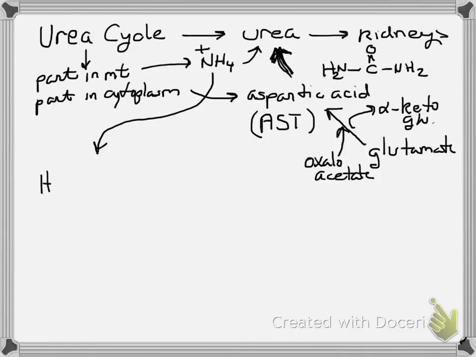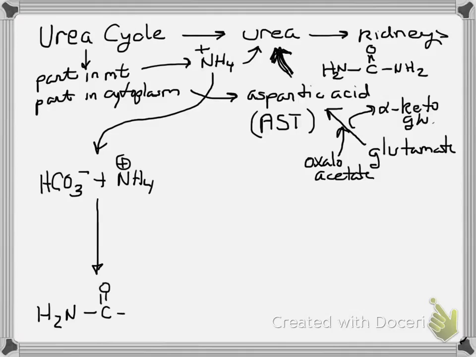The way it's captured is through bicarb plus ammonia, and from this we form a molecule called carbamoyl phosphate.